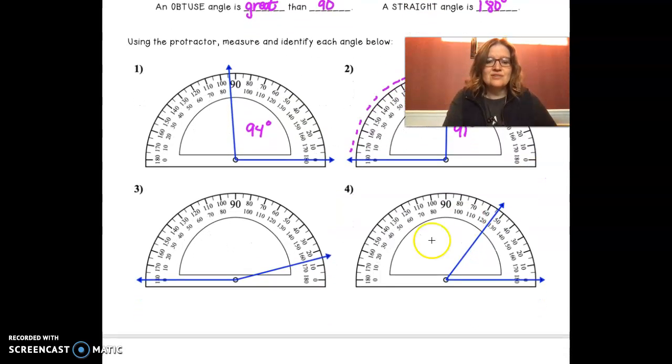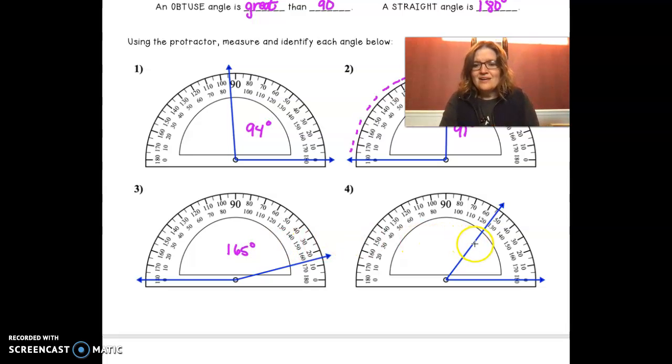Let's measure this little guy. Here's our base, and then we go around and we look. Now, are we going to use this? No. We're using the inner numbers when our angle is going this direction, and we can see that this is somewhere between 160 and 170. I am going to say that this is 165 degrees.